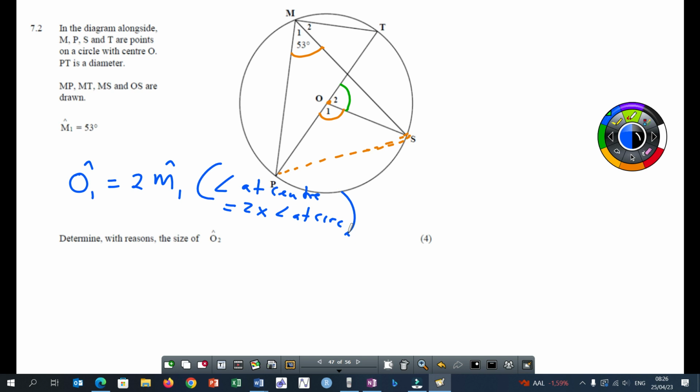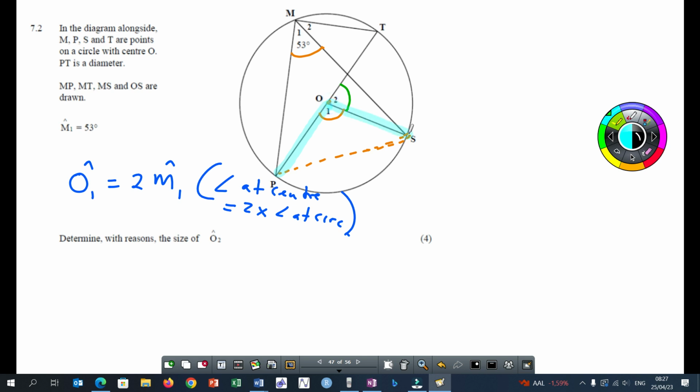Both angles O1 and M1 are subtended by the same chord. The word subtended means that the two lines which form the angle originate from the chord. In this case, to form angle O1, you need line OP and OS.